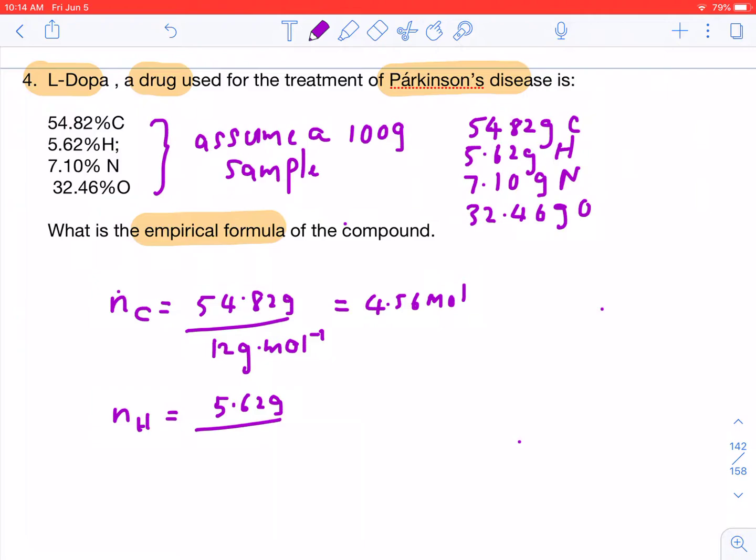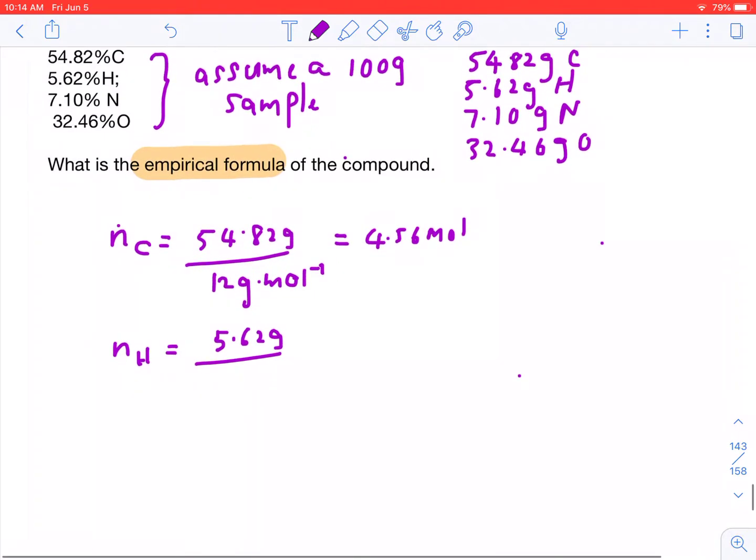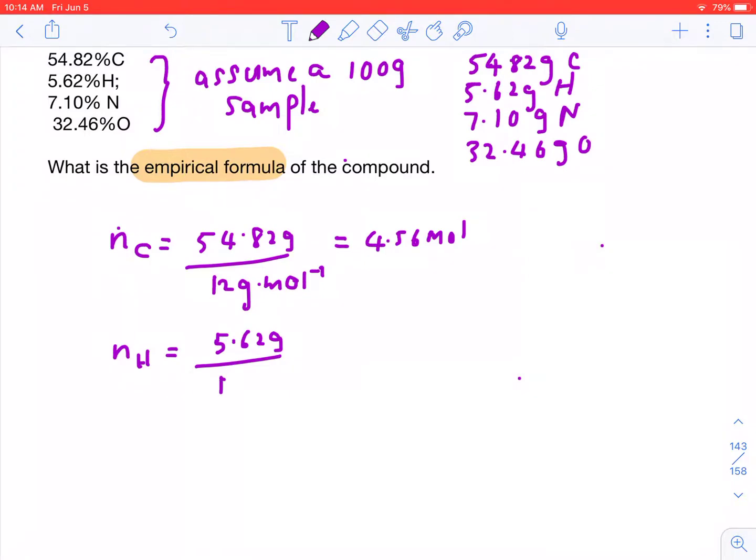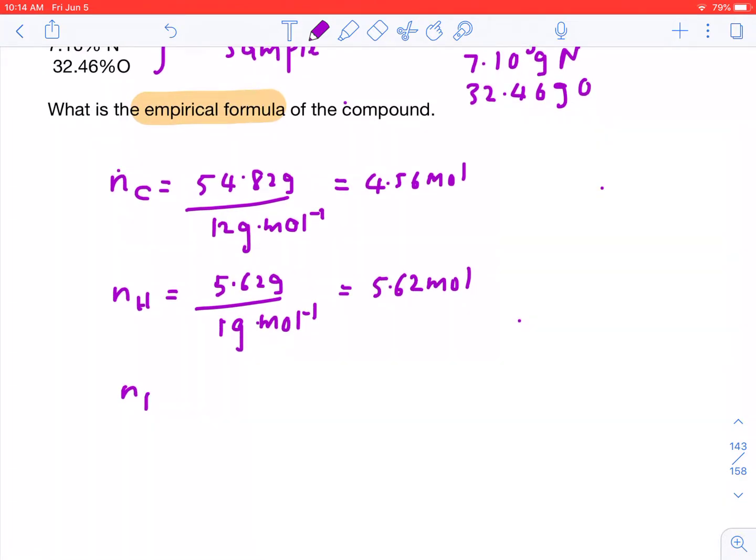Then we have N of H, which is 5.62 grams all upon 1 gram per mole, and that would be 5.62 moles. Then we have N of nitrogen, which is equal to 7.10 grams all upon 14 grams per mole, which then gives us 0.51 moles.